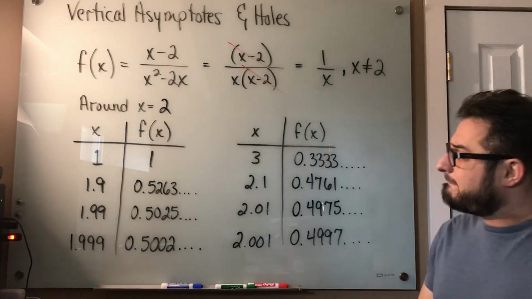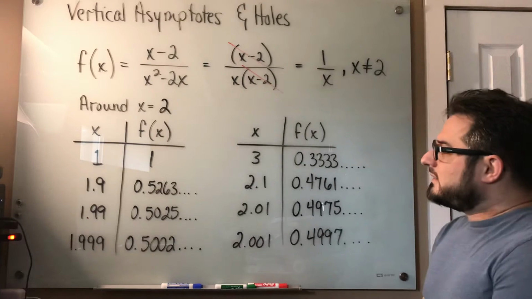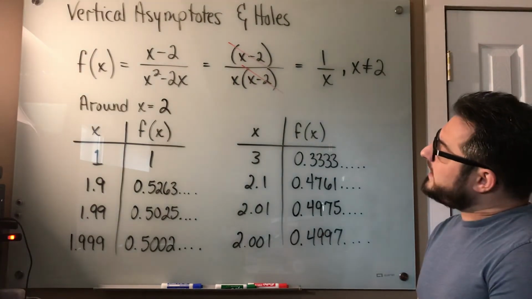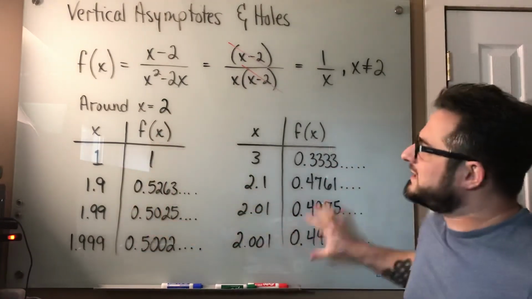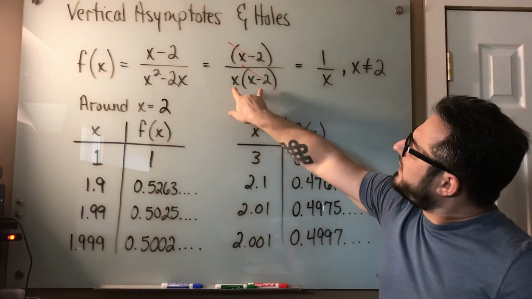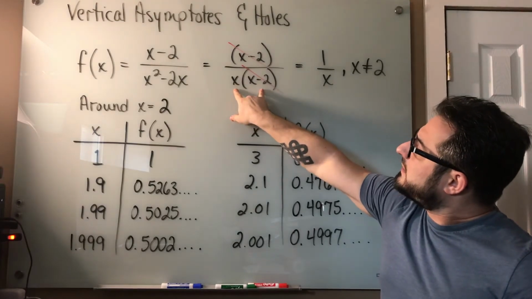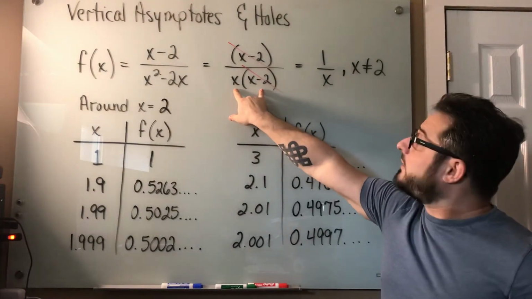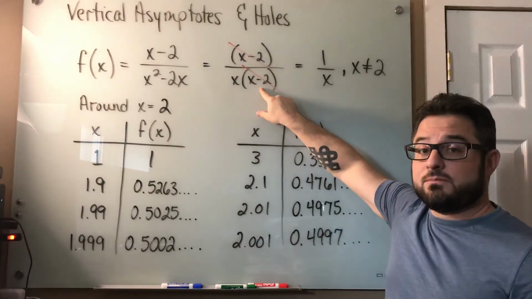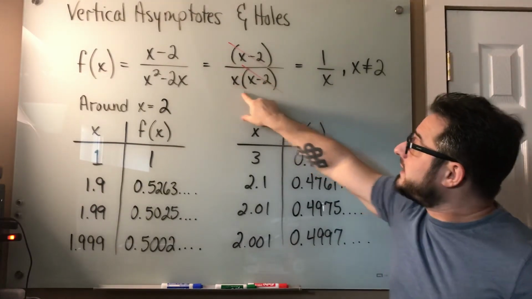Now, the difference here, again, the way we can tell without having to go through this table business is by looking at the factors that caused those gaps in the domain and seeing, did it cancel out or did it remain?